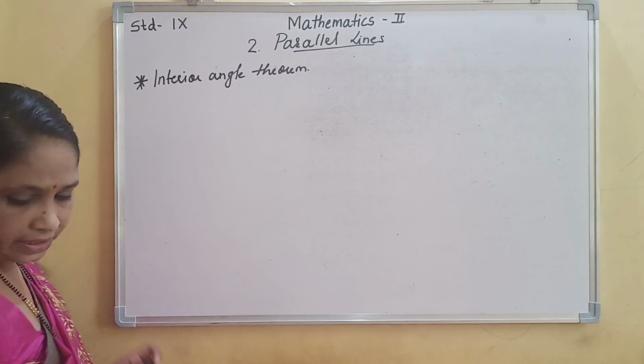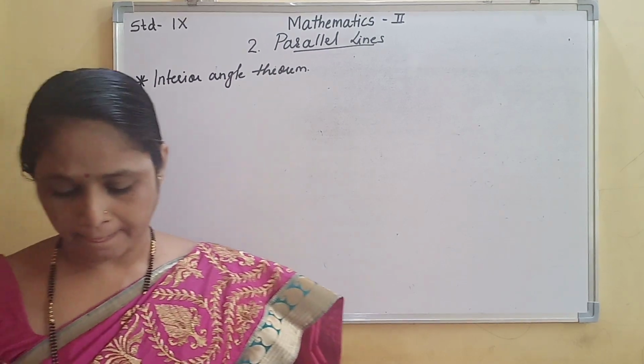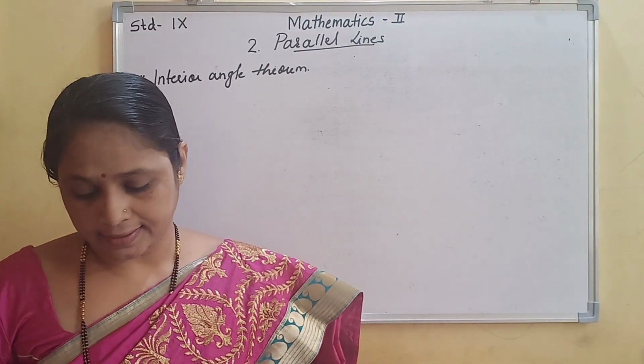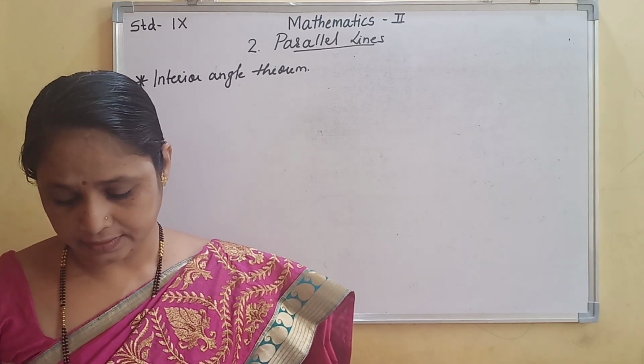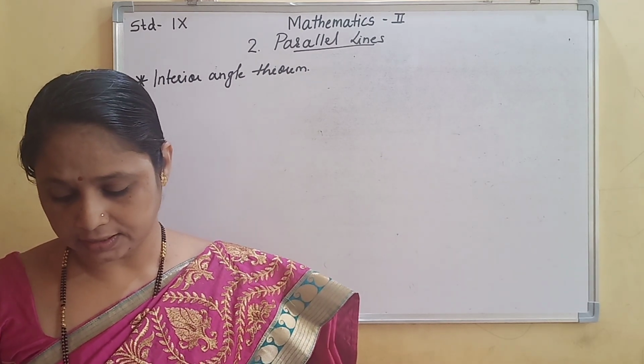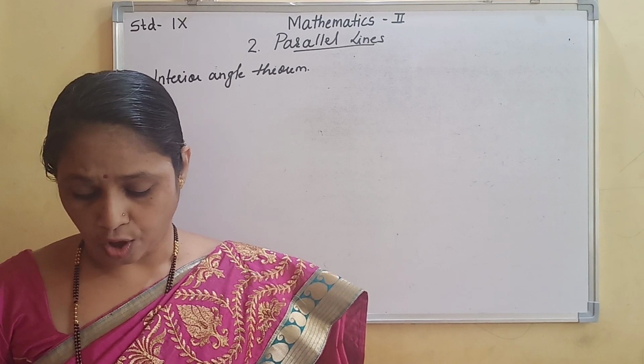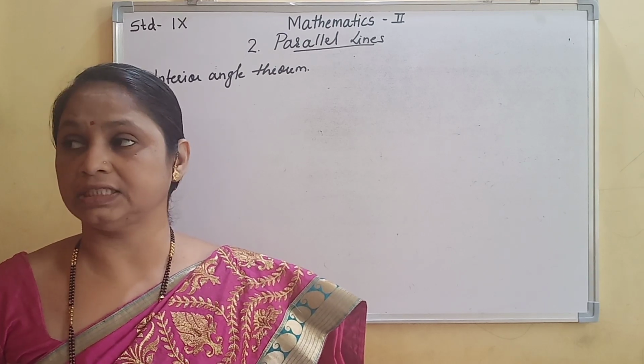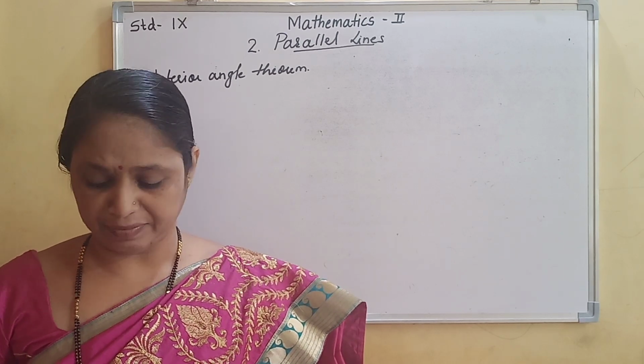Now the interior angle theorem, what does it tell? If two parallel lines are intersected by a transversal, the interior angles on either side of the transversal are supplementary.